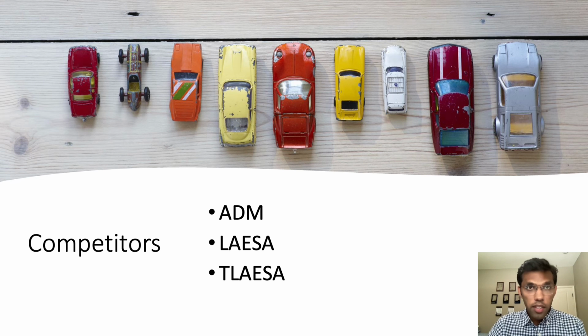It is not always fun to say that our methods work well until you compare with somebody who is competitive. So we take 3 competitors here: ADM, which is the state-of-the-art method from last year, and 2 other methods which give you approximate answers, LESA and TLESA. ADM has been explained previously as the cubic dynamic programming based approach.